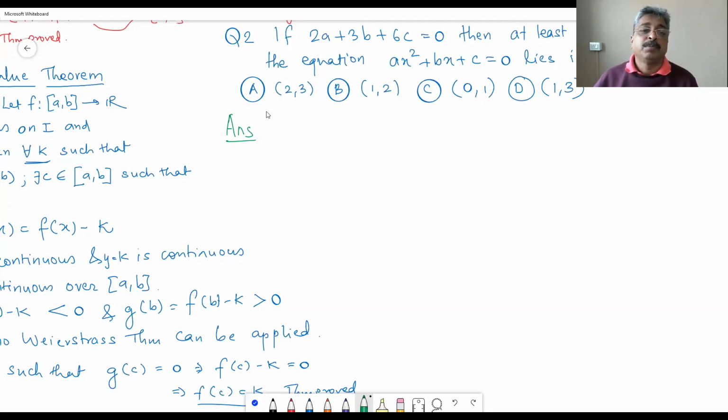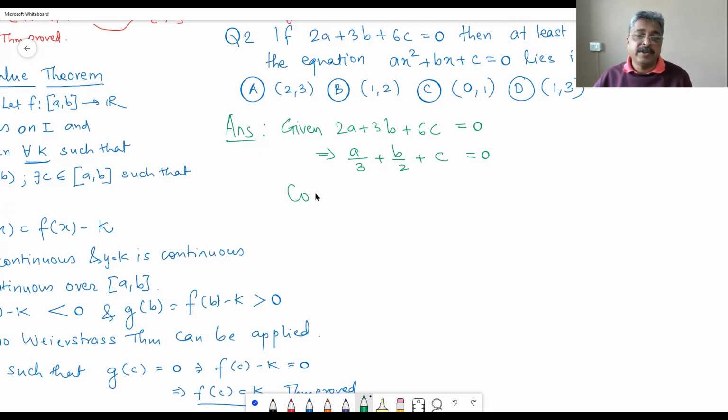Okay. Because we have learnt Rolle's theorem today, this question must be on Rolle's theorem. Otherwise, it is going to be extremely difficult in general if it is asked. Okay, so let us solve. Given 2a plus 3b plus 6c is equal to 0, if we divide everything by 6, we get a by 3 plus b by 2 plus c is equal to 0.